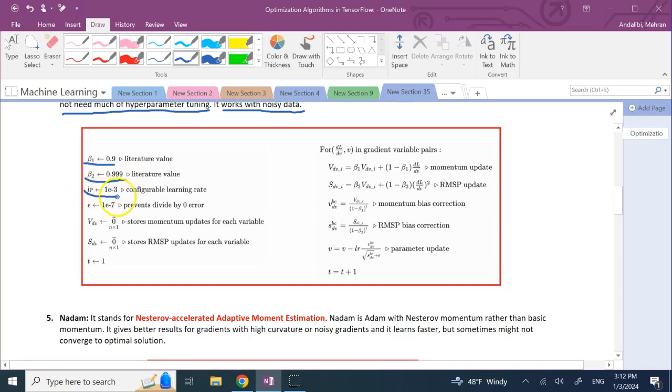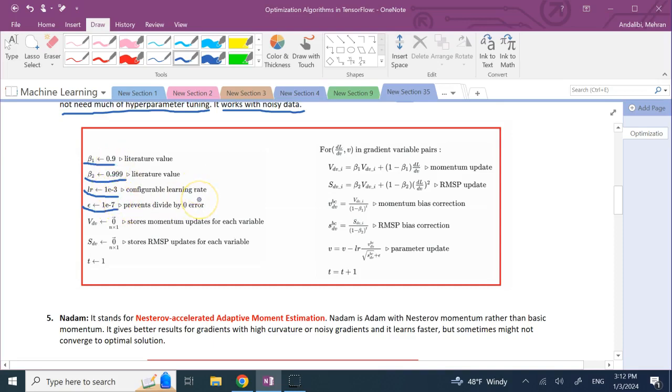You need a learning rate. You need this epsilon to avoid division by 0. Okay, so these are the 4 parameters you have to choose in general for it. Many times you don't choose any of them, and TensorFlow goes with these default parameters. You can change these parameters, okay, but these are the ones that are suggested.